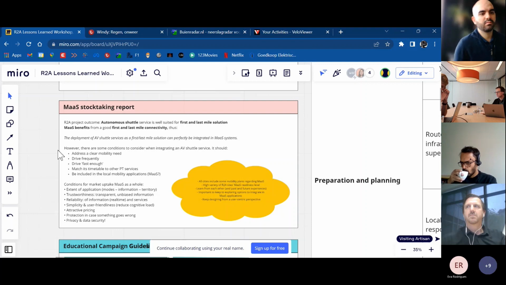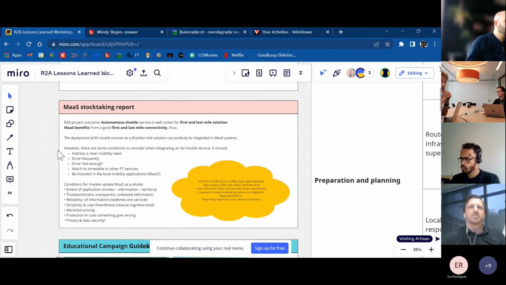I think shuttle services can really jump into that gap, albeit they should be fast enough, drive frequently enough, maybe even be on demand. There are lots of ifs and buts, but in a sense the two can complement each other and benefit both.